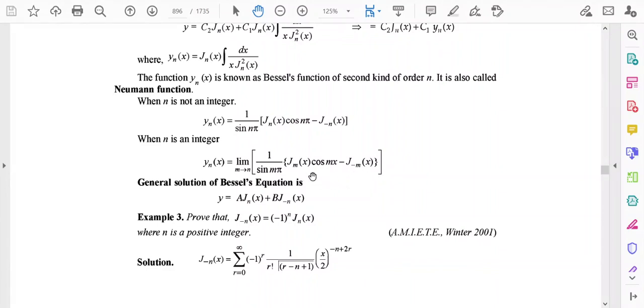So actually this is some constant a times J_n(x) plus some constant b times J_{-n}(x). So this is the solution of Bessel's equation. We can write this in general format. This case has been treated basically for when n is an integer.